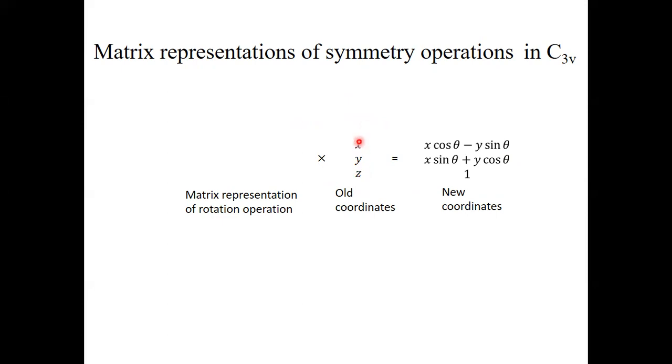So now the old coordinates are just x, y, and z. And now the new coordinates are, well, x times cosine theta minus y times sine theta, x times sine theta plus y times cosine theta, as we previously determined, and 1. So the z coordinate will not change.